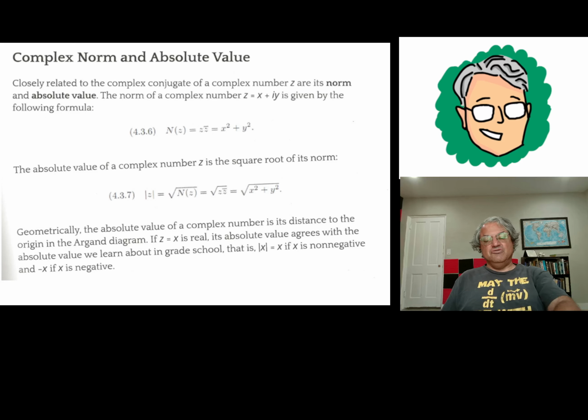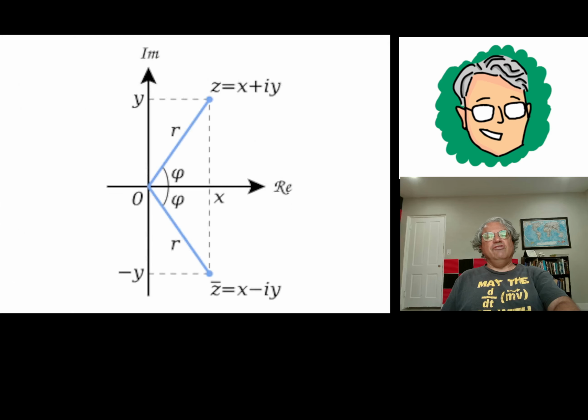And that turns out to be x squared plus y squared. That's really just a consequence of the Pythagorean theorem. If you look at this diagram here, you can see that for z equals x plus iy, the x component is x, and the y component is y, so we have a right triangle with legs of length x and y, and we know that the hypotenuse has length r.